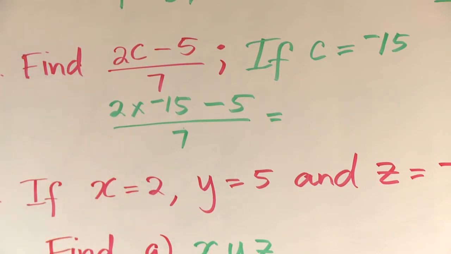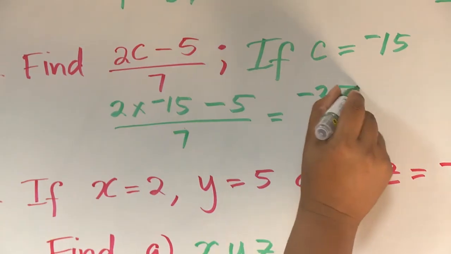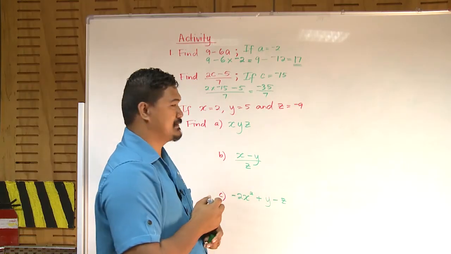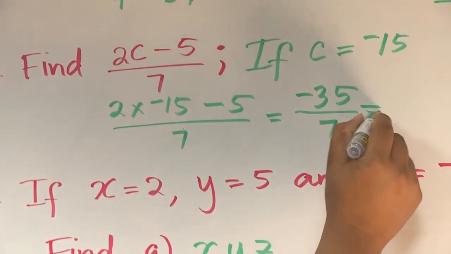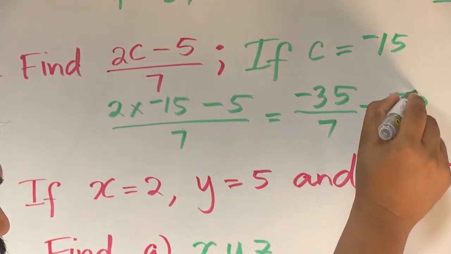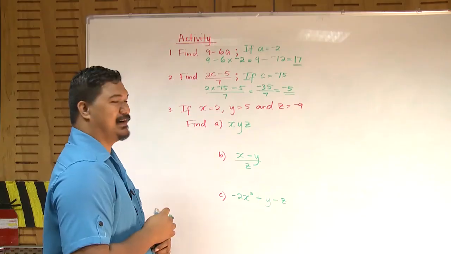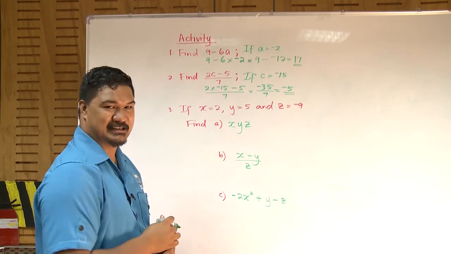So 2 times negative 15, the answer will be negative 30. And negative 30 minus 5, the answer will be negative 35. All of that will be divided by positive 7. So negative 35 divided by 7, the answer will be negative 5. So the value of 2c minus 5 divided by 7, when c is equal to negative 15, is negative 5.